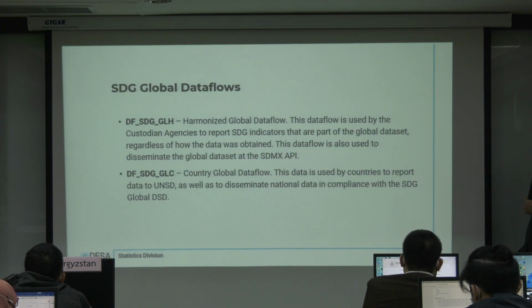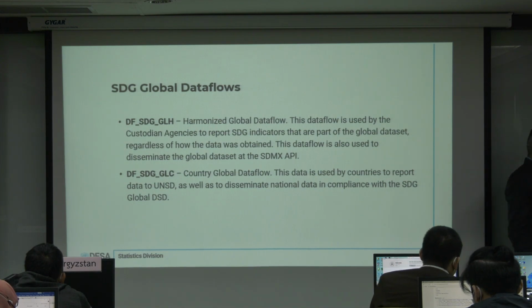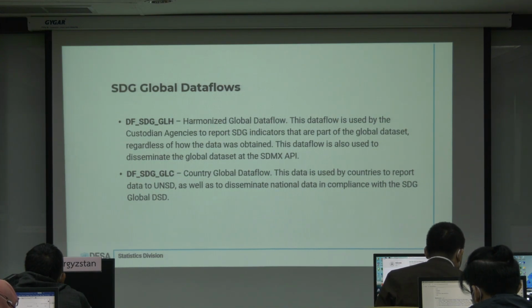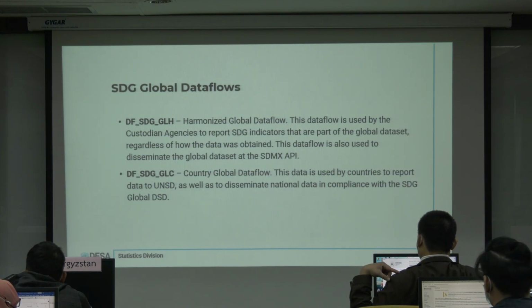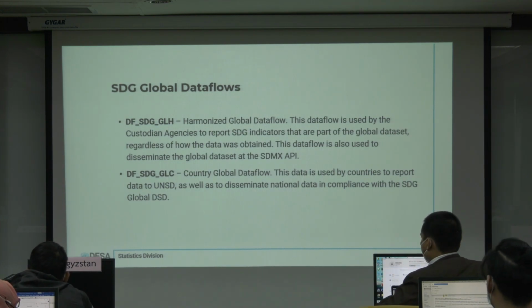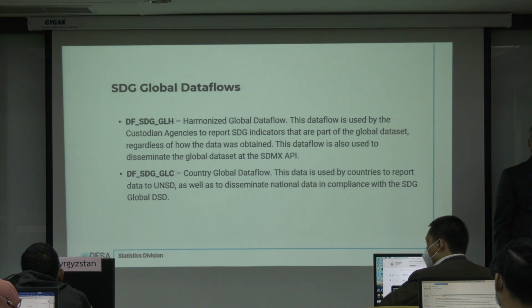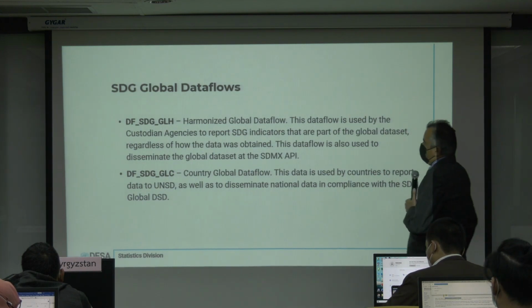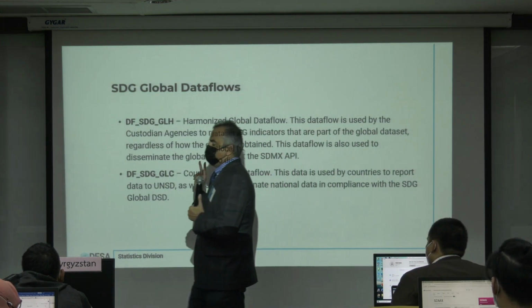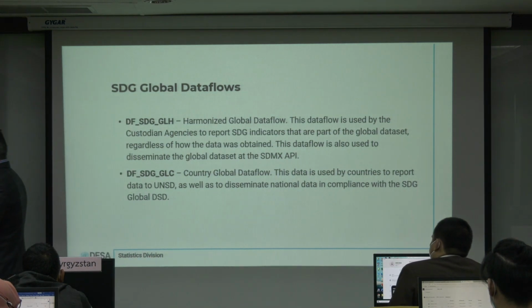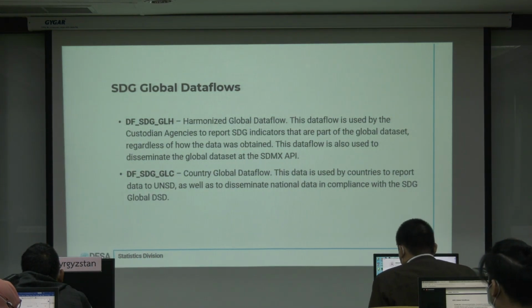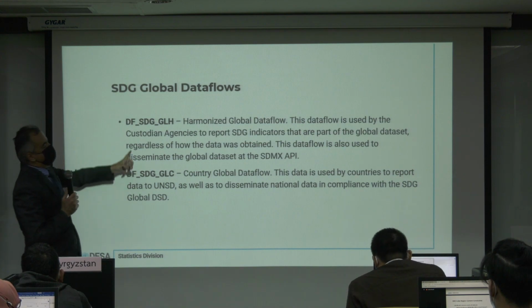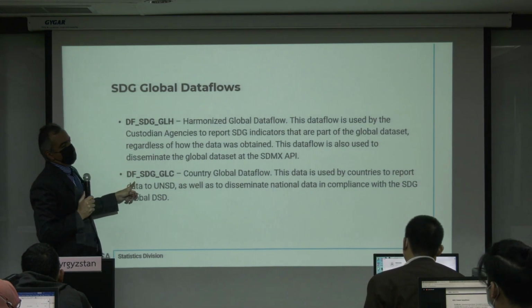So, we've covered the dimensions and attributes, and now let's talk about data flows. There are two global data flows defined for the SDGs. Harmonized global data flow and country global data flow.